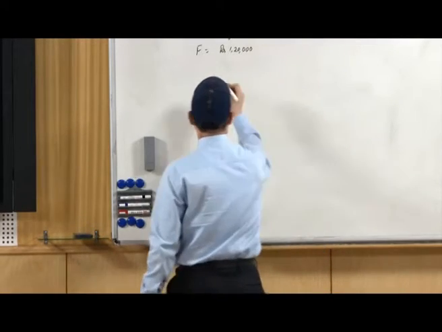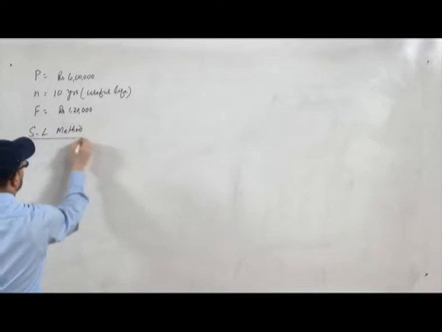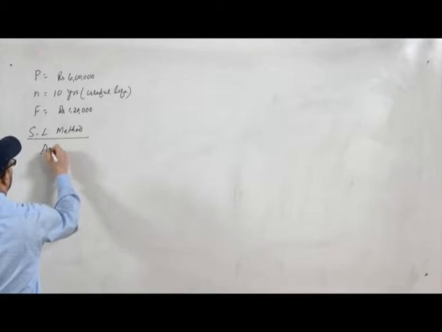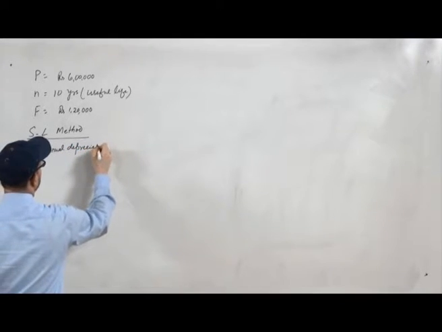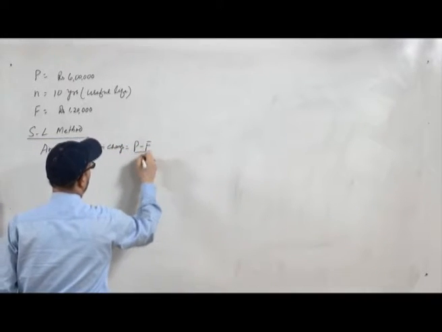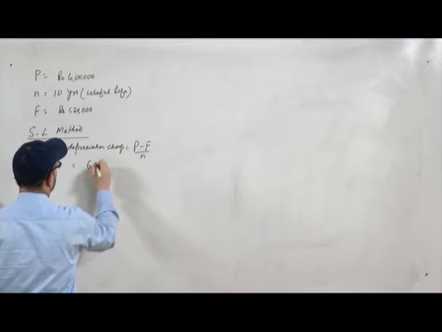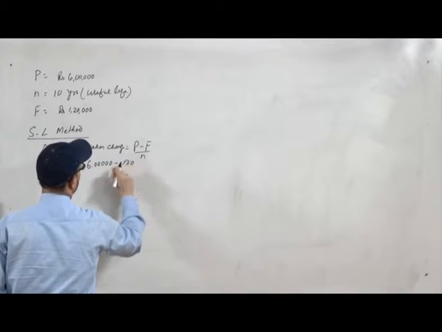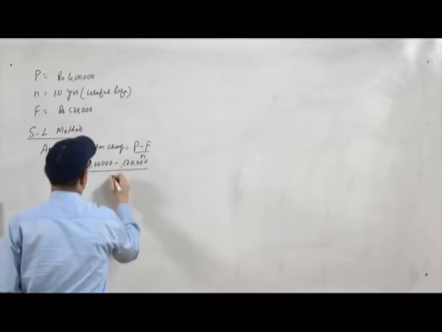So, for the straight line method, we know that the annual depreciation charge will be P minus F upon N. So, it will be 6 lakh minus 1,20,000 divided by 10, as it has a 10 year life.